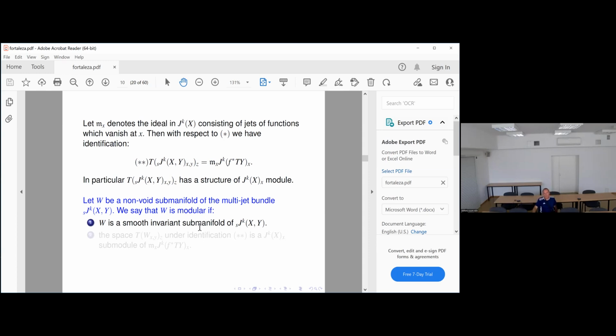We would like to construct an algebraic counterpart of Whitney-Thom theory. A submanifold W of the multijet bundle is modular if W is a smooth submanifold and the tangent space to this fiber over (x,y), under this identification, is a submodule of M_x. This means that it has some extra algebraic structure.